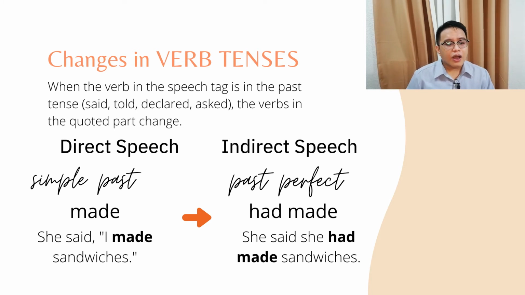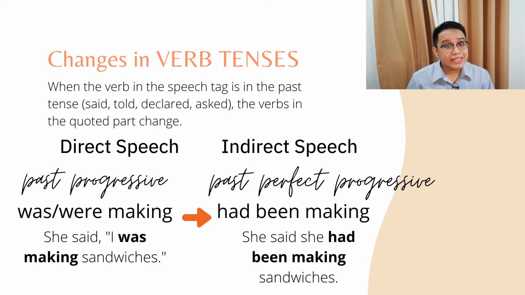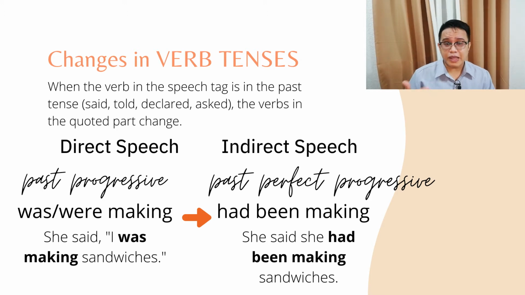Now, we have here another one, past progressive. Past progressive, unsay buhaton? Now, past progressive is, if past progressive siya, mahimo siyang was. I was making. Okay? Or were. Was or were making. Okay? Now, that's past progressive.